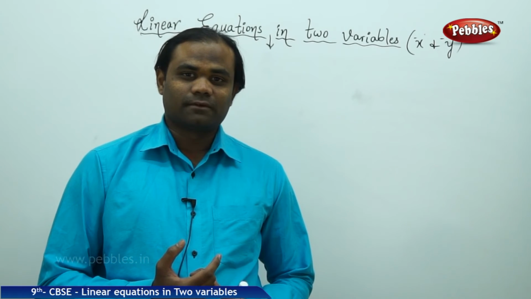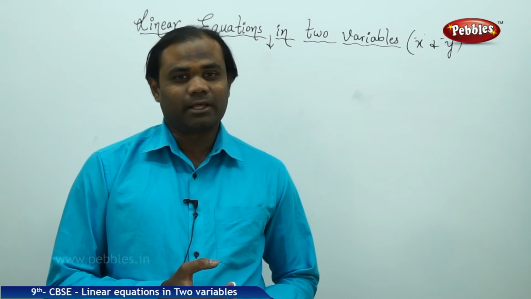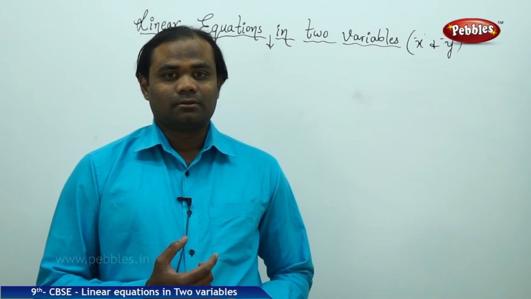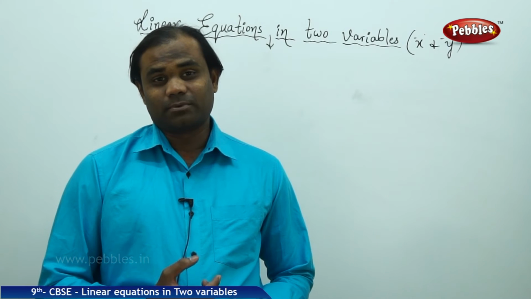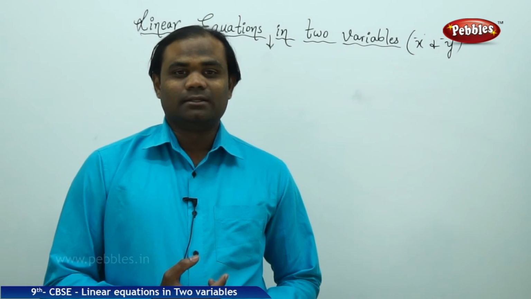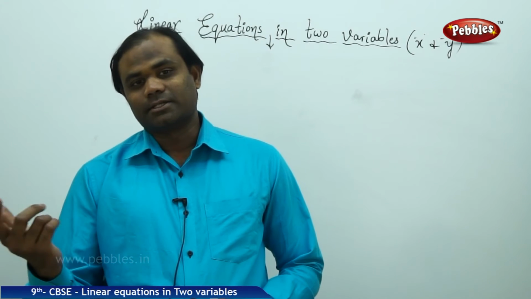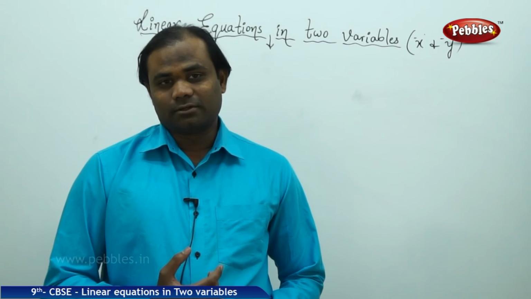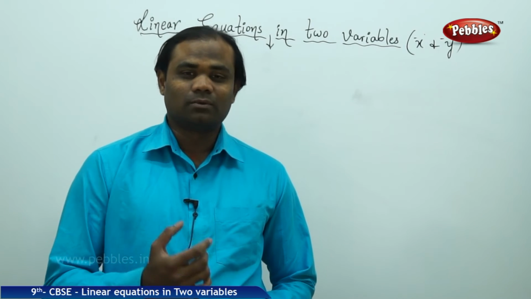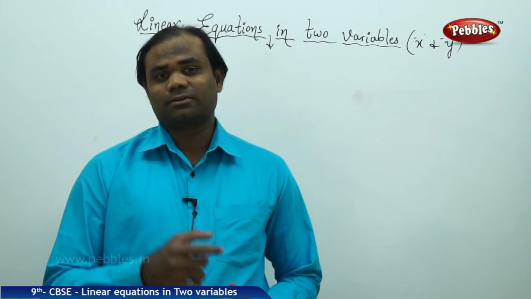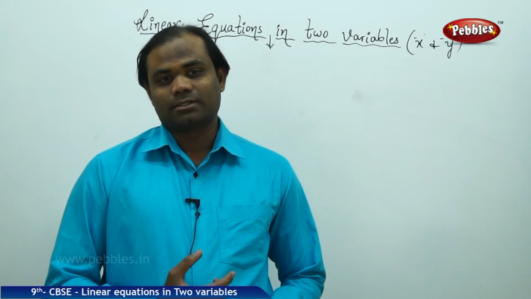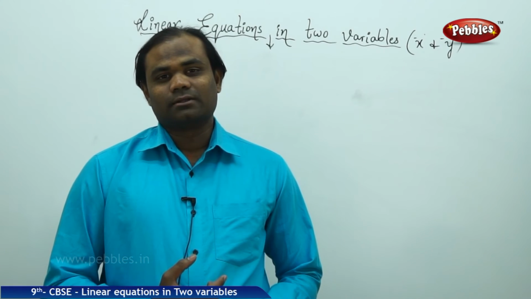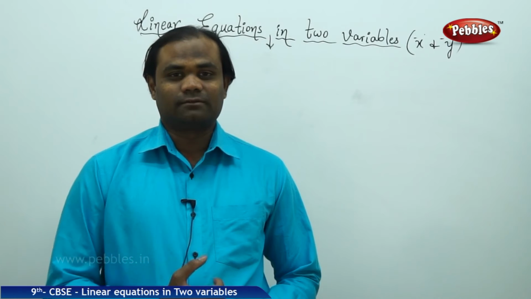What if the line is given on the Cartesian plane and I would like to find its equation? I am talking about the reverse process of understanding the line and its graph. So let's see the investigation in today's session about how we can identify the equation of the line which is on the Cartesian plane, the reverse process of understanding the line through the graph.